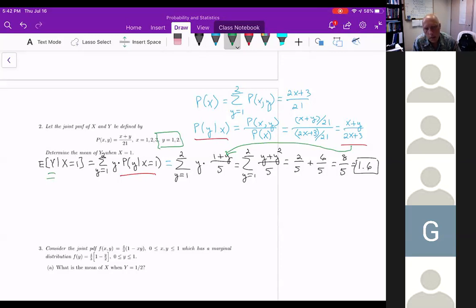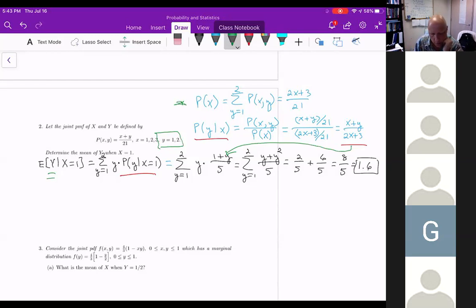But you know when you're finding like the marginal stuff, don't you have to do the opposite? You know when you're finding the marginal stuff, you have to do the opposite, yeah? Like if you're finding p of y, you have to do the x. Yeah, I did right here.